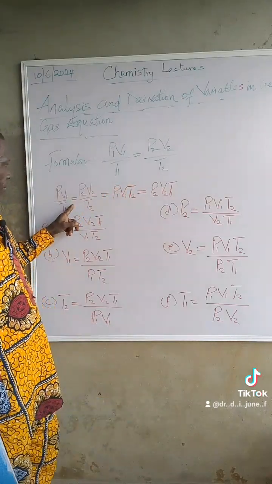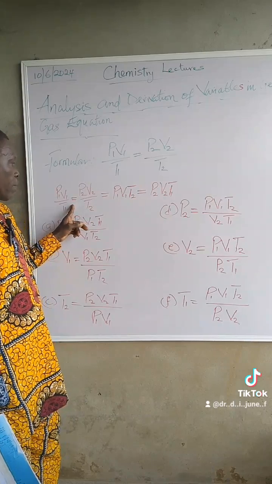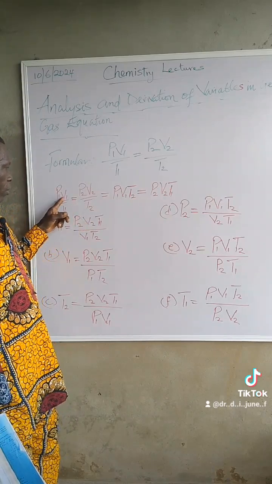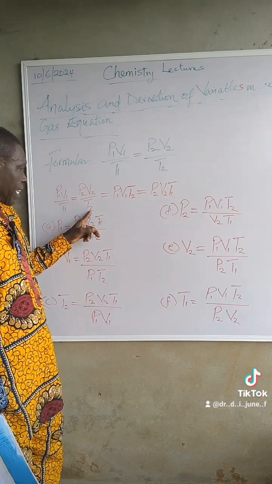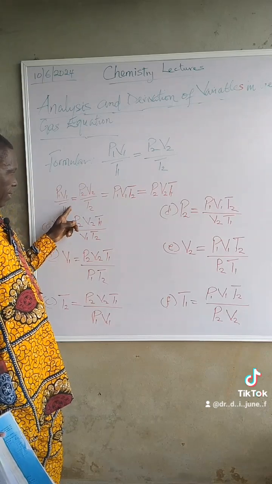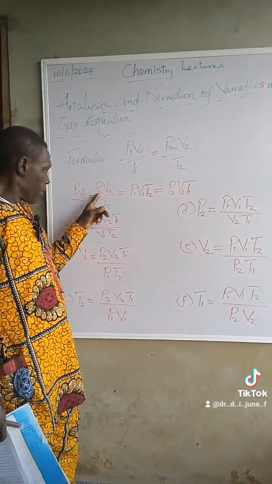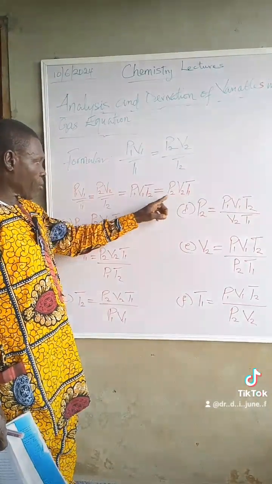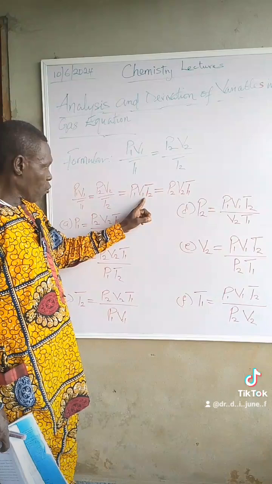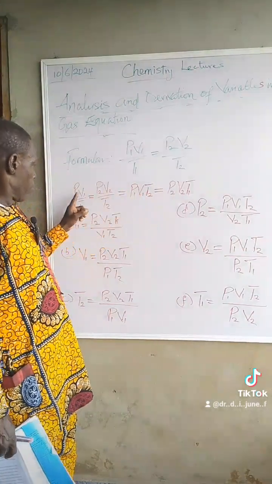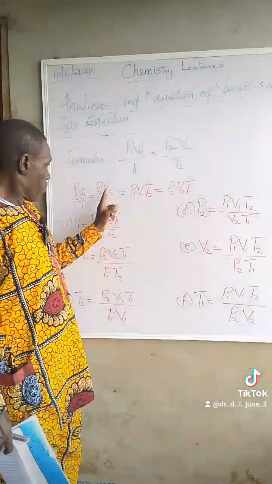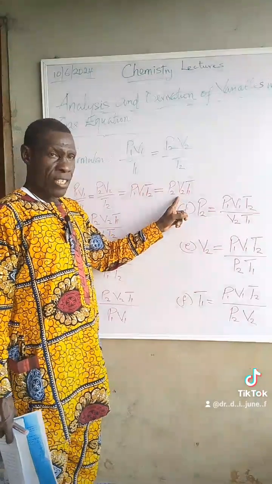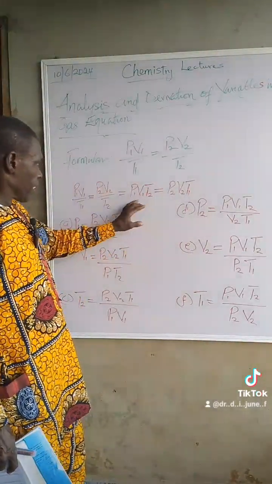We are multiplying P1 V1 by T2, and T1 by P2 V2. That's what you have here now: P1 V1 T2 equal to P2 V2 T1. So if you cross multiply, this is what I'm going to get.